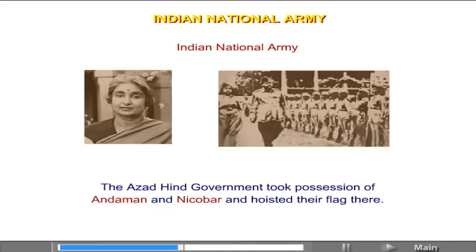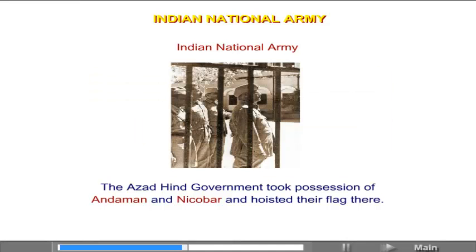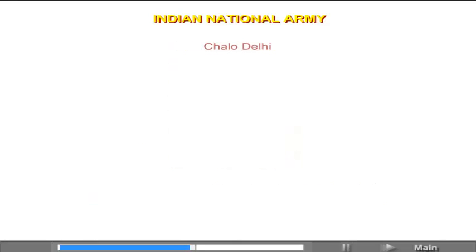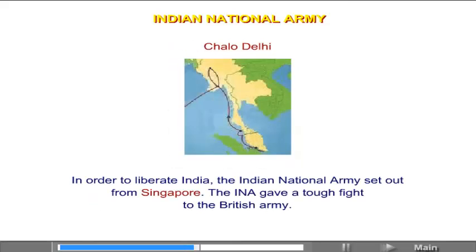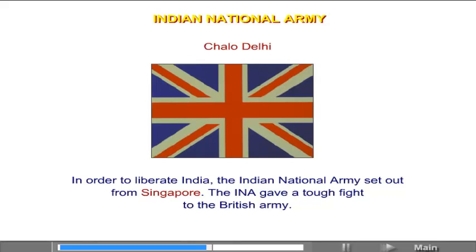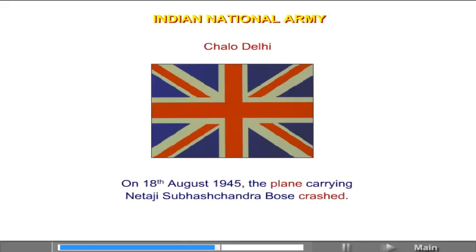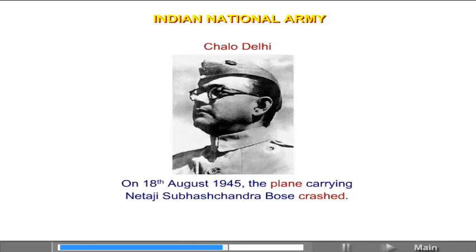The Azad Hind government took possession of Andaman and Nicobar and hoisted their flag there. Chalo Delhi. In order to liberate India, the Indian National Army set out from Singapore. The INA gave a tough fight to the British Army. On the 18th of August 1945, the plane carrying Netaji Subhash Chandra Bose crashed.